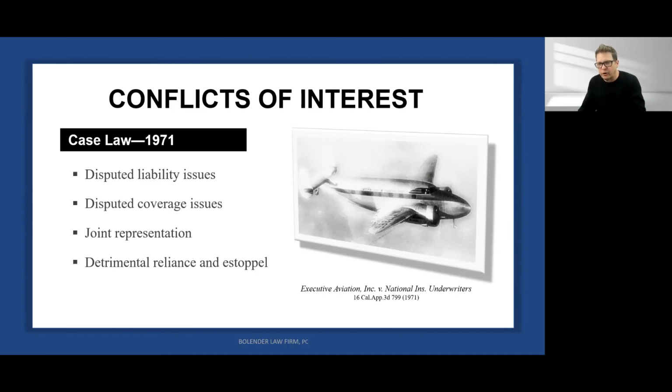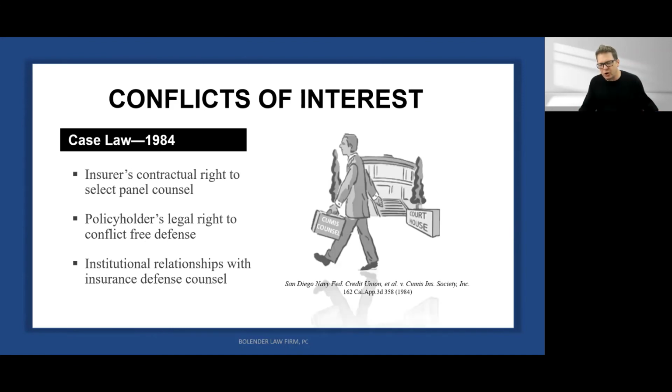Now, fast forward about 10 years or so, and the conflict of interest issue arose again in the famous Cumis case. Like the earlier Executive Aviation court, the Cumis court seemed concerned about the institutional relationships between these outside insurance defense firms and the insurance company adjusters.